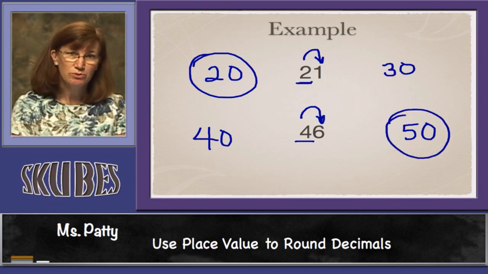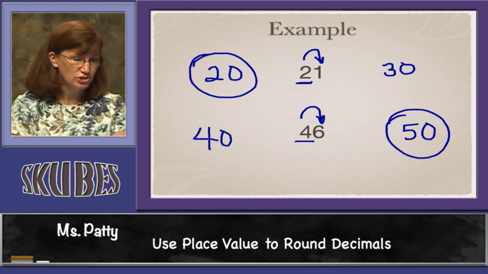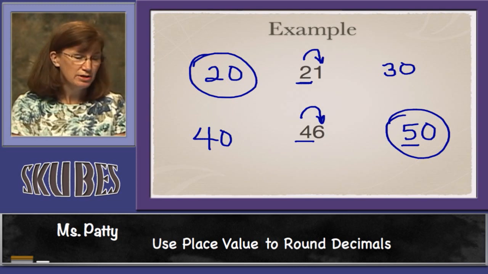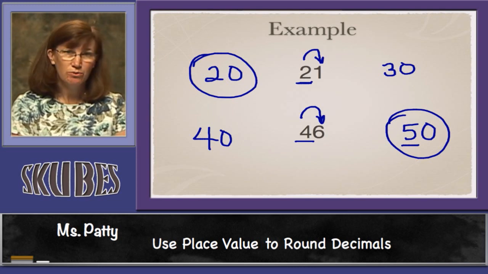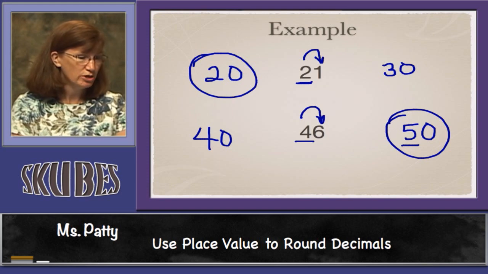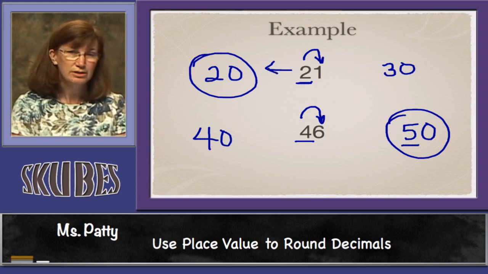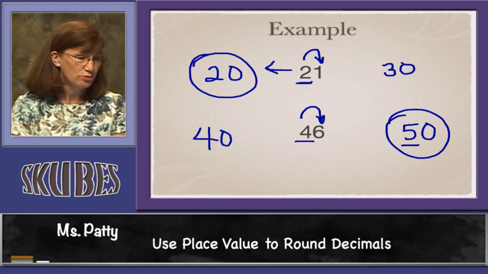Now, please remember that when we round up, the number actually changes and goes up 1 digit. But when we're rounding down, the number in the column that we're rounding does not actually go down. We're simply going to the closer 10. And so the 2 would not change. It stays the same.